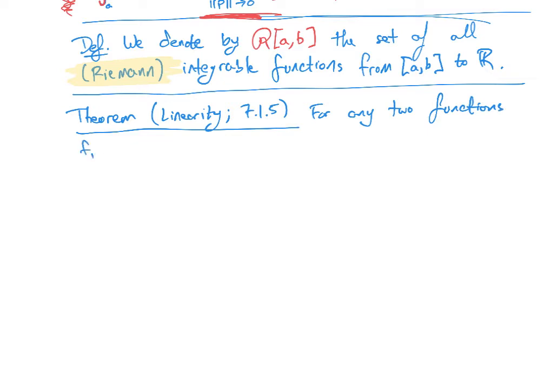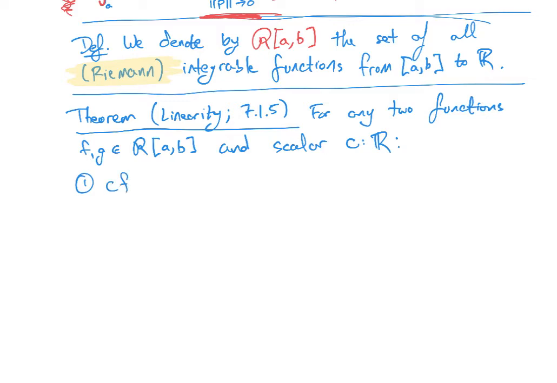If you've taken linear algebra, what I mean is that the integral is a linear operator, or a linear map. So it satisfies the 2 linearity properties you would want from a linear map.